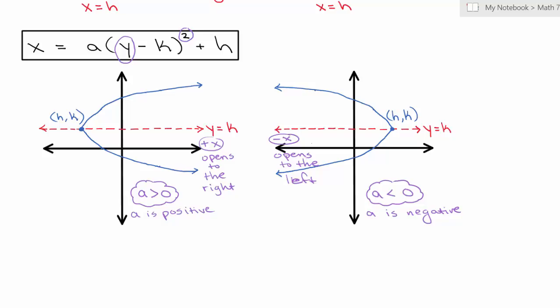Our vertex for both of these is still going to be h comma k. And this time, our axis of symmetry is going to be y equal to k.